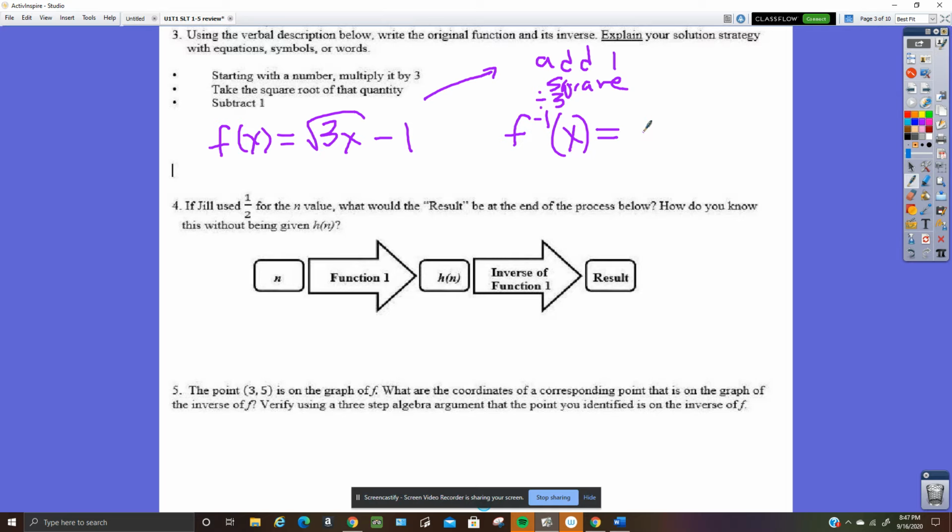So the inverse function is x plus 1. You want to square that whole thing, and then divide this whole thing by 3.